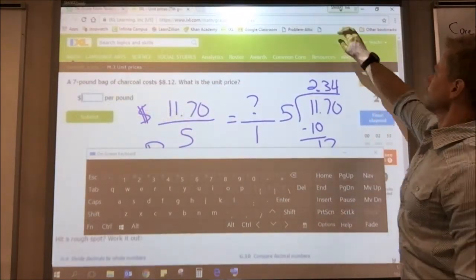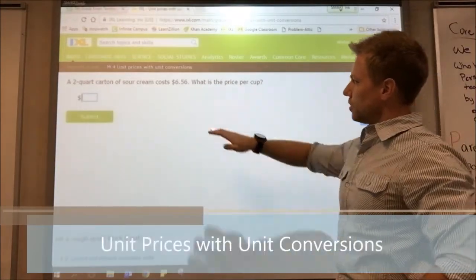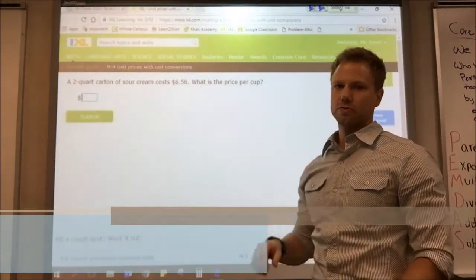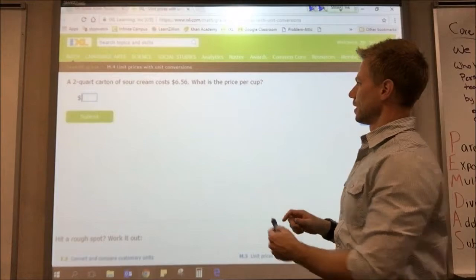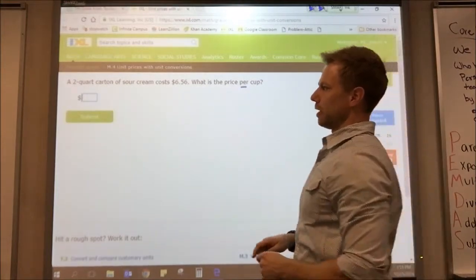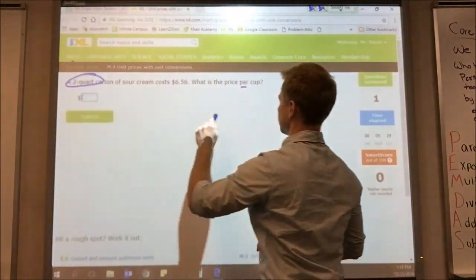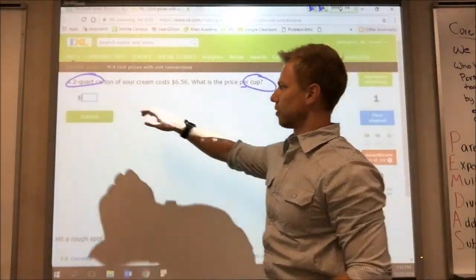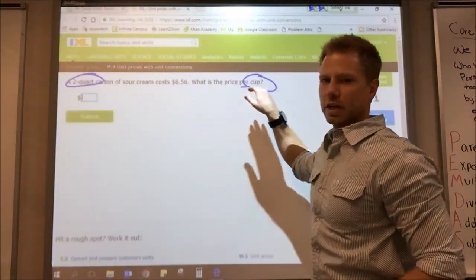Good. A 2-quart carton of sour cream costs $6.56. What is the price per cup? So we want to know the price for 1 cup. That's what per means. But they give us quarts, and our answer needs to be in cups. So I need to convert 2 quarts to cups.